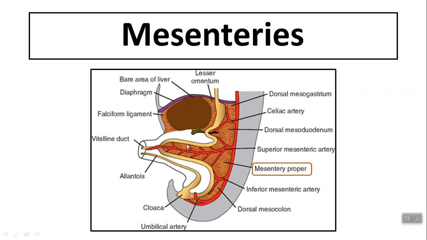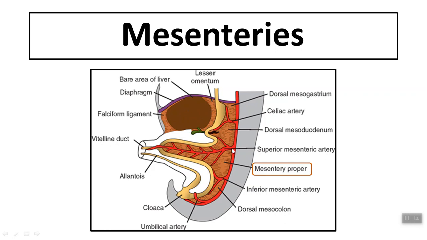And we can also see how the mesentery attaches or fixes the gut tube or different gut organs, such as the stomach, small intestine or large intestine, to the posterior abdominal wall, or attaches the liver to the anterior abdominal wall or to the stomach.